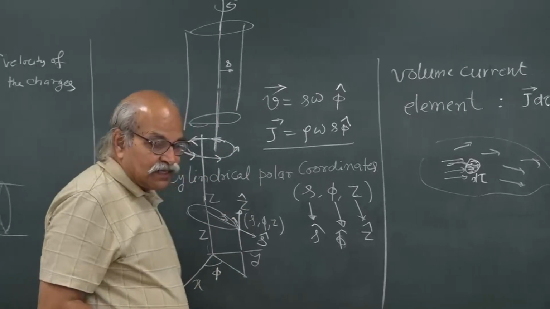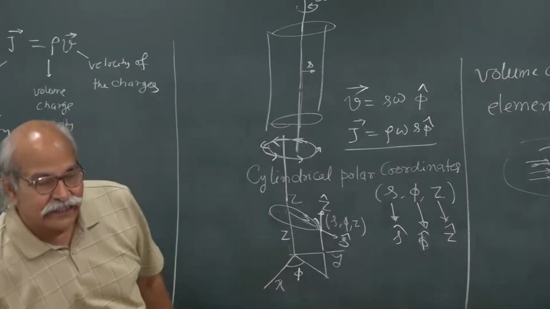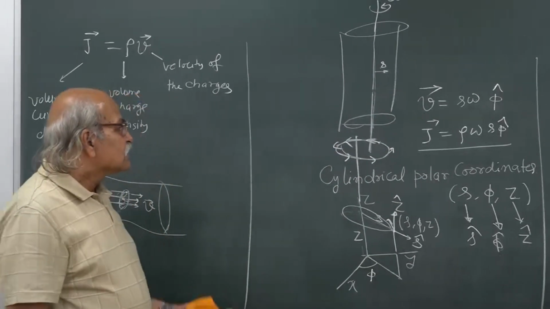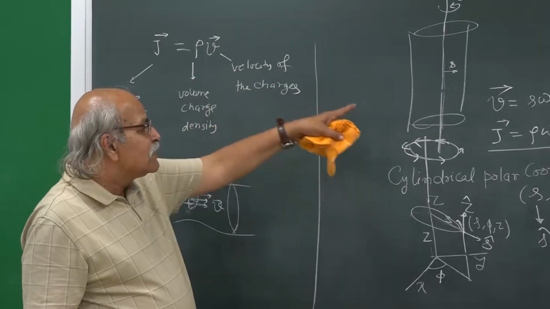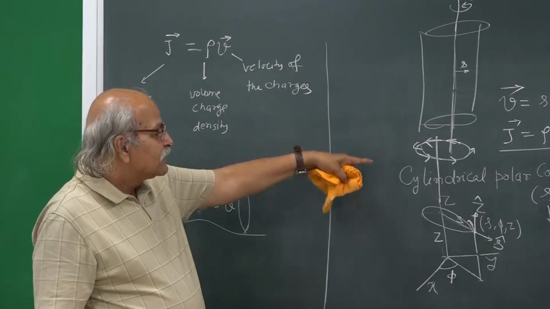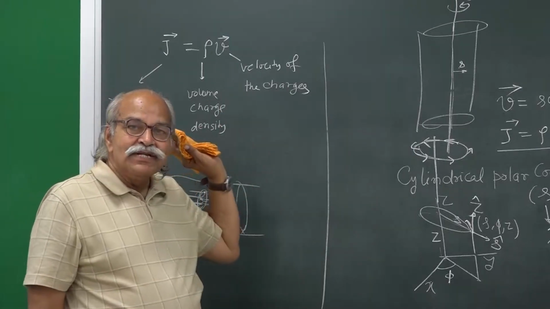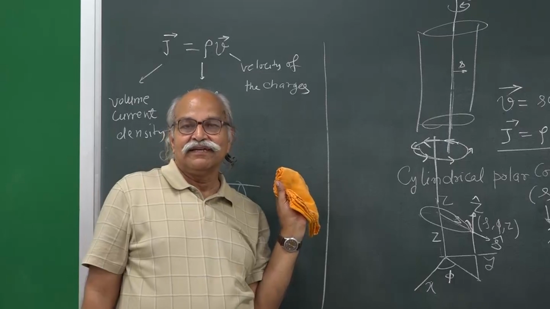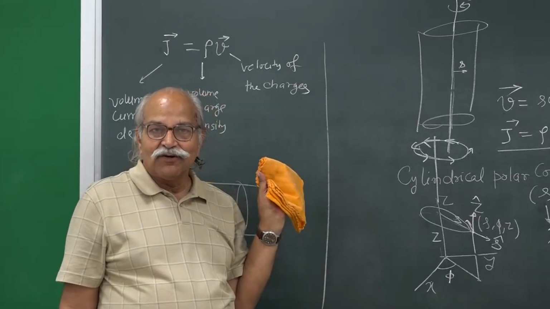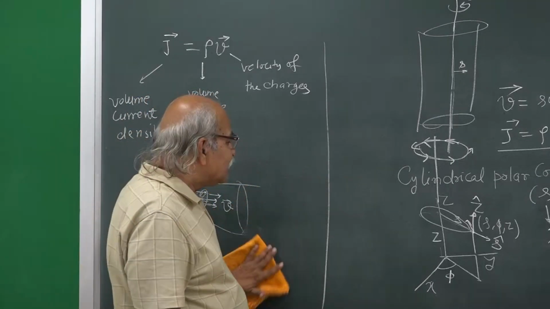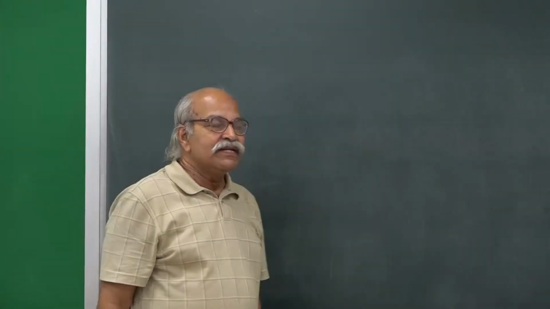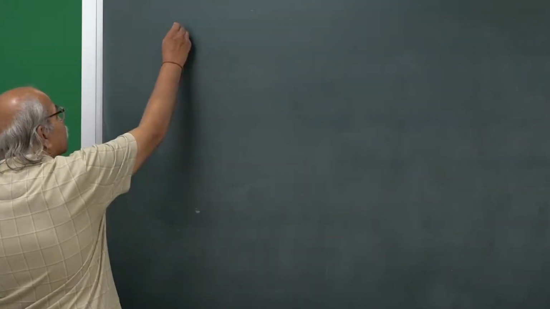Another concept which I would like to introduce a little bit is this: we are using volume current element and volume current density, but we can also have current only on the surface of a material, and correspondingly we define surface current.